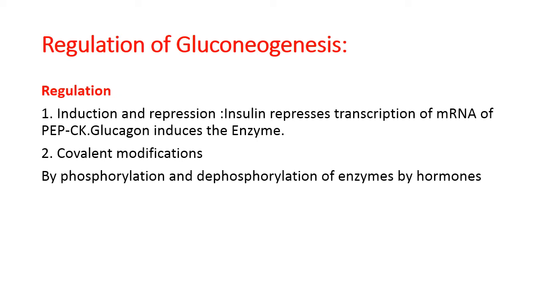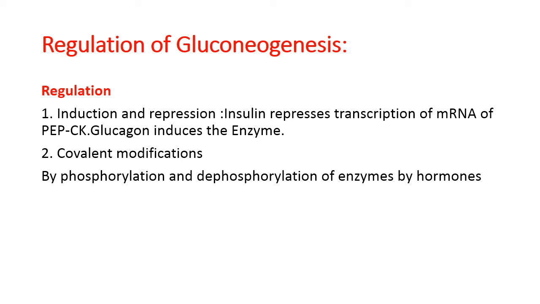What does it mean? That means glucagon will phosphorylate the enzyme pyruvate kinase, and pyruvate kinase is inactive in its phosphorylated form. Now, what does this pyruvate kinase do? It causes the conversion of phosphoenolpyruvate to pyruvate. Now the pyruvate formation will be inhibited, so there will be more and more phosphoenolpyruvate in the cell, and now this phosphoenolpyruvate will enter the gluconeogenesis pathway.